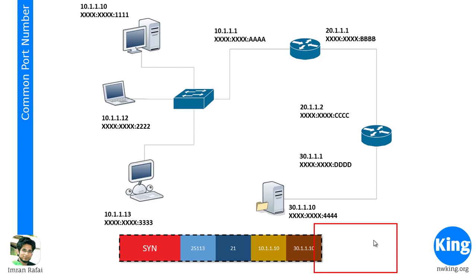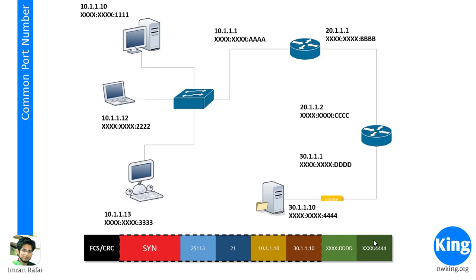It sees it is 30.1.1.10, and it knows 30.1.1.10 is connected to its interface, right? So the same process continues. It finds out the MAC address, puts those MAC addresses, does the hashing, and attaches the hash to the frame, and sends it across the network.